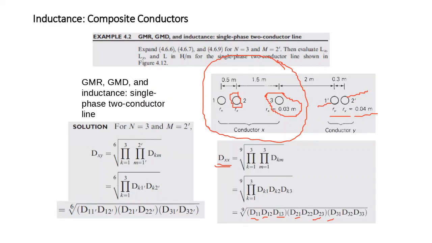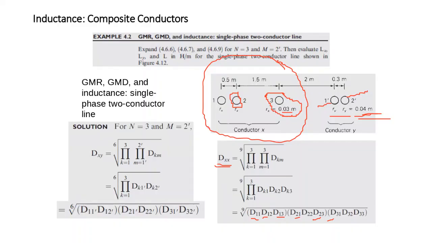Very good question. I like that you focus on it. D11 is the radius, which is Rx, that is the 0.03. The 0.04, for example, is for D1 prime. So D11 is the radius of 1.